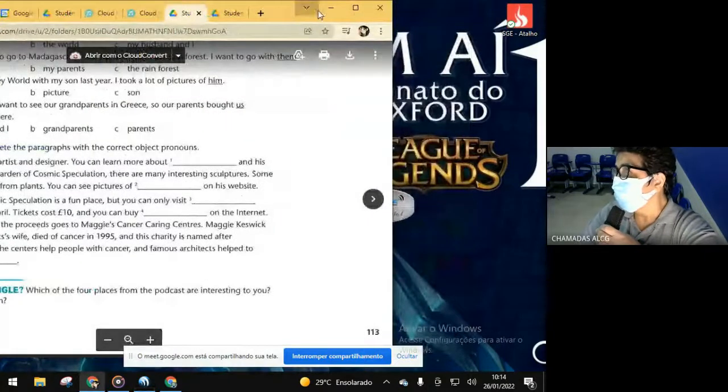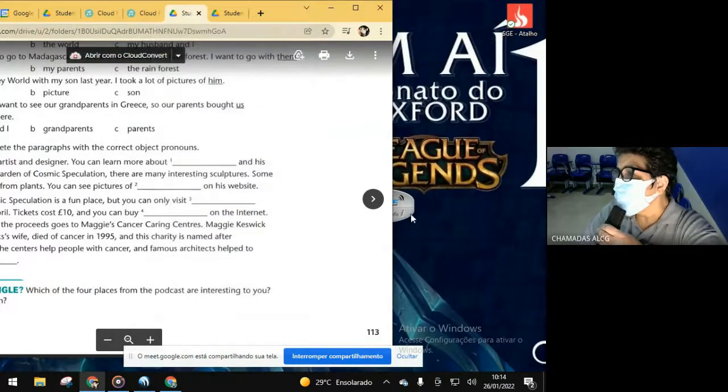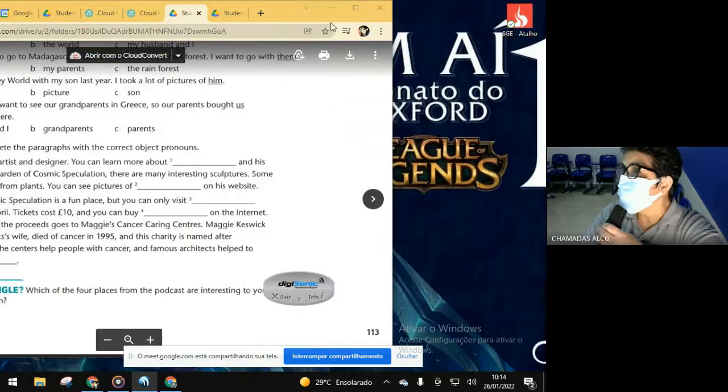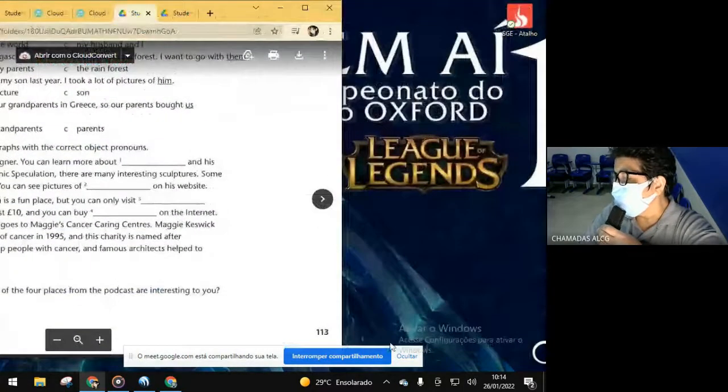This is really hard, people. I'm trying to write on the PDF. I used to do this a lot in the past because we had problems with the book. So the book was complicated.